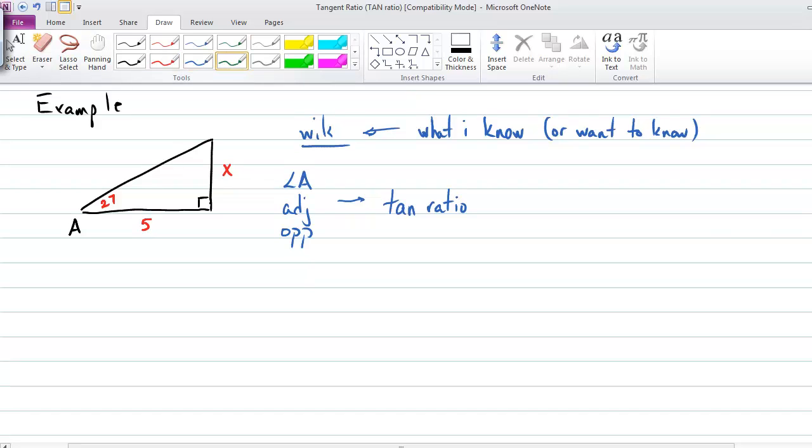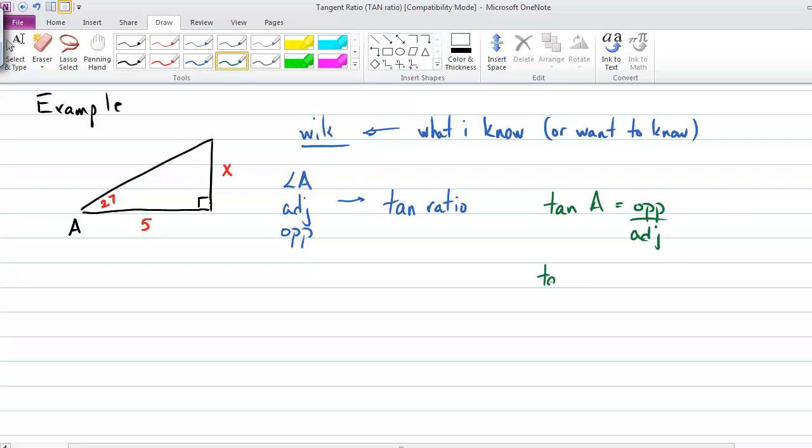And then after that, it's a matter of just going ahead and writing the formula and understanding that there are three things that vary and that we're always given two of them. So the three things that can vary in this ratio are A, opposite, and adjacent. Remember, the tangent's a button on your calculator that we're going to press. It's going to do something.